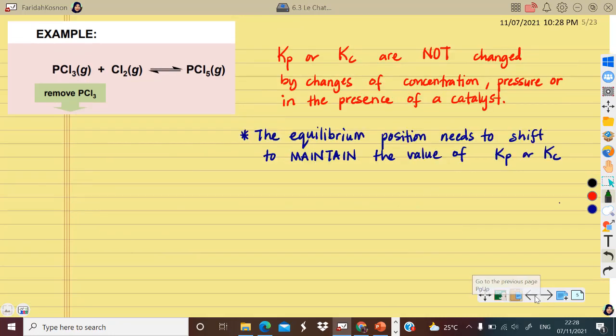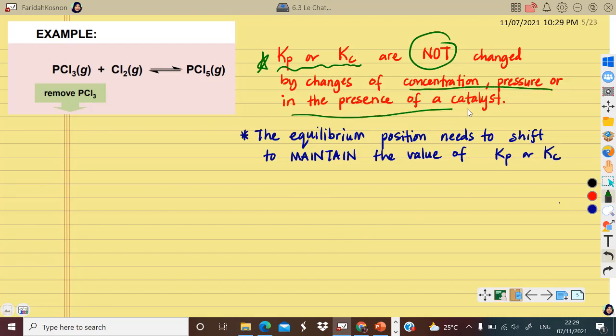Okay, sebelum kita pergi pada contoh yang seterusnya, ingin saya highlight di sini, Kp and Kc are not changed by changes of concentration, pressure or in the presence of a catalyst. Maksudnya nilai Kc ataupun Kp tidak akan berubah sekiranya disturbance ini kita berikan kepada sistem.